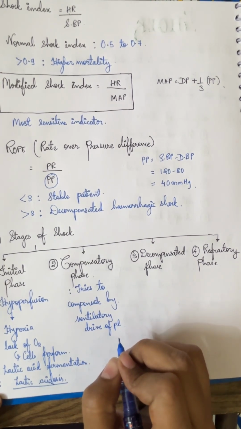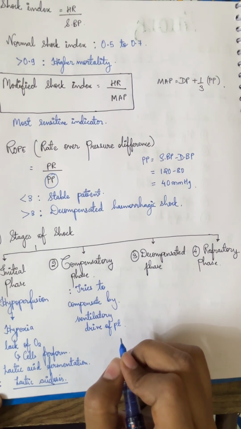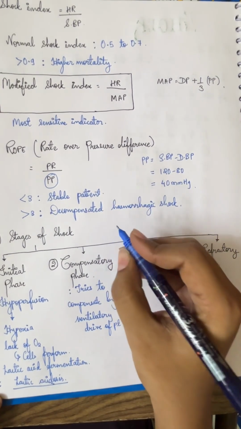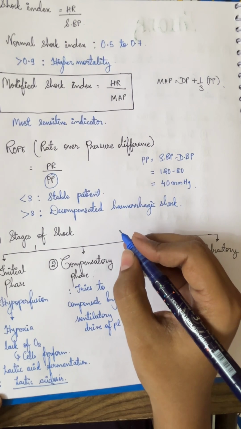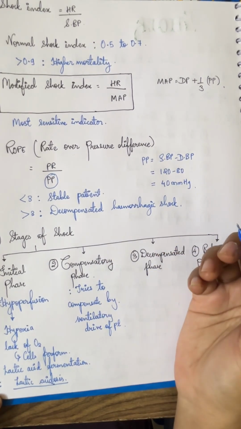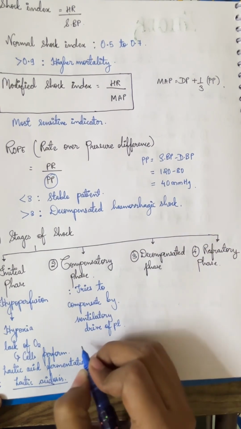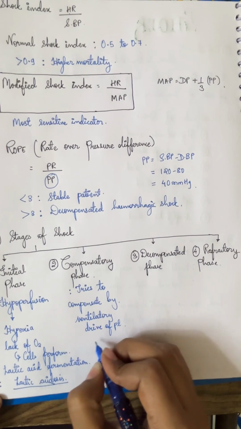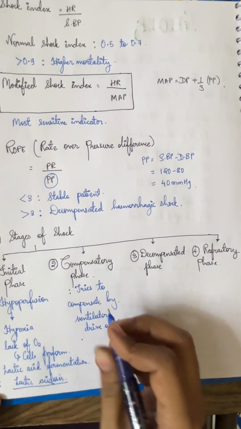There are baroreceptors that detect hypovolemia and cause increased sympathetic drive by adrenaline and noradrenaline, leading to peripheral vasoconstriction. There are some exceptions: in neurogenic and septic shock, there is no vasoconstriction. We will see about it later.